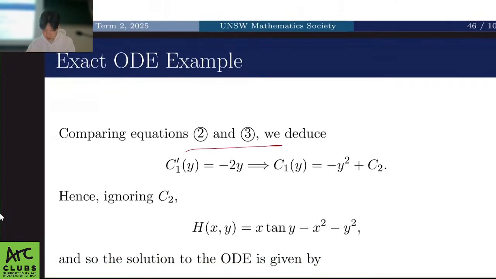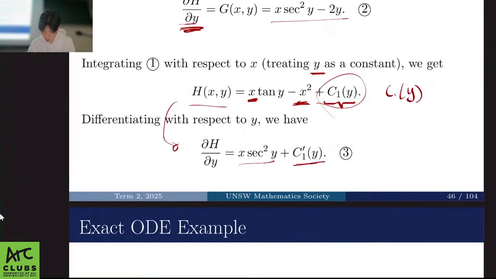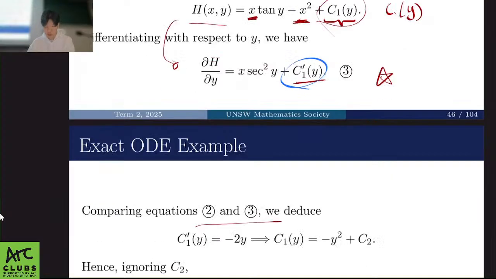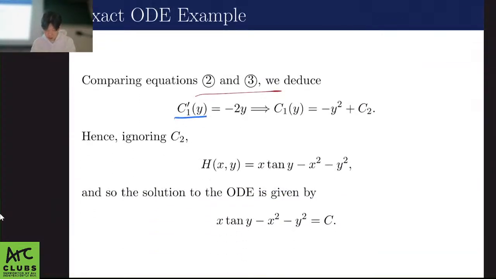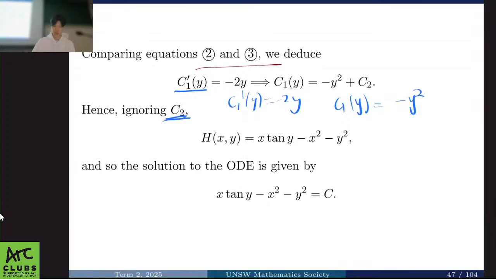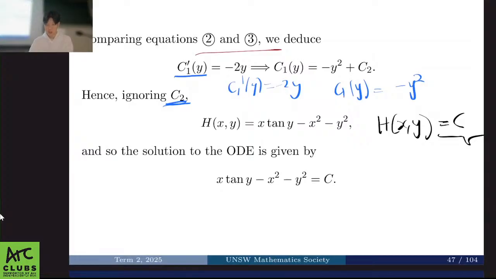Now, comparing equations 2 and 3, we see that the x sec squared y is equal. So therefore, minus 2y has to be the derivative of the constant. So c1'(y) is minus 2y. Just integrating both sides, that means it's minus y squared. We can ignore c2 here, which is the constant when we're integrating, because our general solution is already equal to a constant. So the constant is going to disappear.